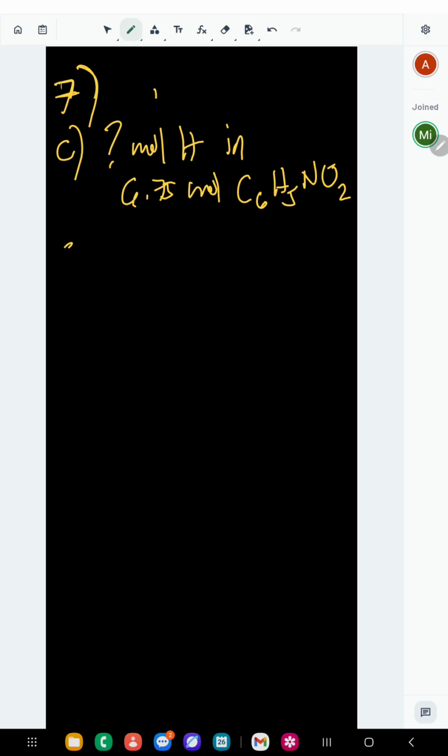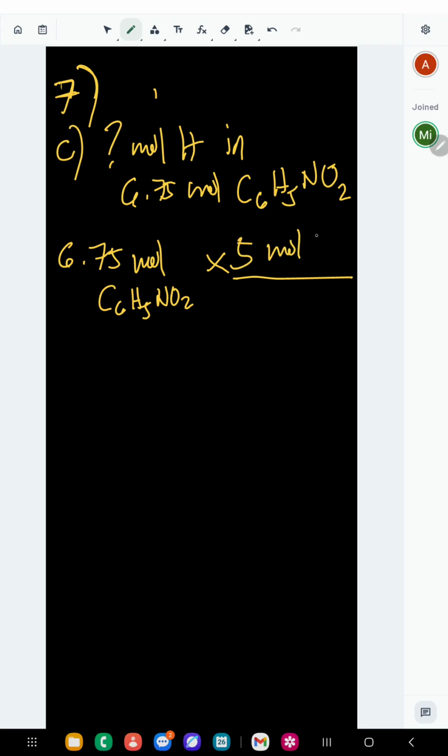So we start with 6.75 mol C6H5NO2, and we multiply this by the mole ratio. How many moles of hydrogen atoms are there? Okay, so 5 moles of hydrogen per 1 mole C6H5NO2.